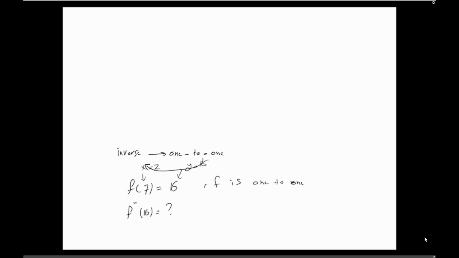So the inverse is going to be opposite. So if we have f of x with the x and y values, in which x could be a and b could be y, then the inverse of that function is going to be the opposite.